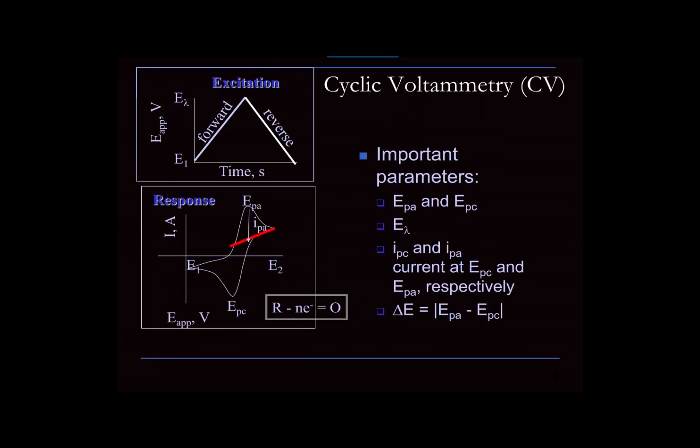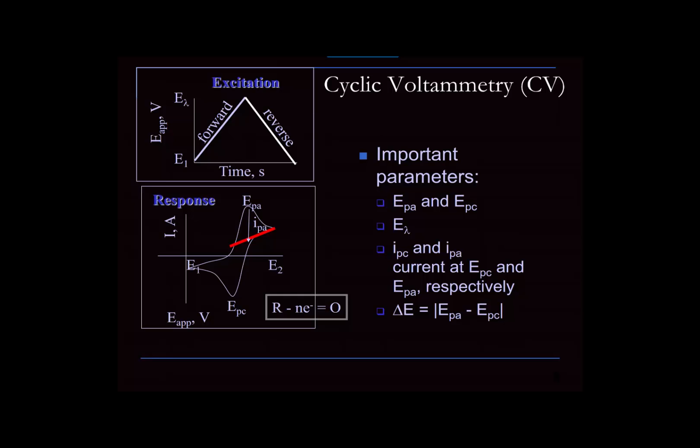So now let's actually look at the voltammogram, the shape of it, discuss its appearance and the information that we can pull out from it. So the top of the slide is showing you one cycle for a voltammogram, which means going from E1 to E2 and back again. And we call the rising portion the forward portion of the waveform, and the falling portion the reverse portion of the waveform.